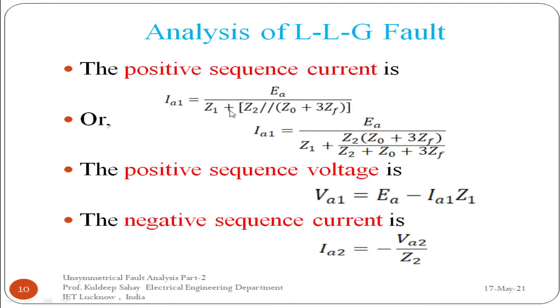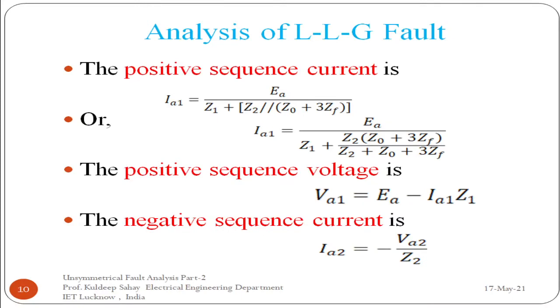So here, if you remember the double line fault, in that case it was coming to Z1 plus Z2. In that case there was no Z0, but it was Z1 plus Z2 plus ZF.